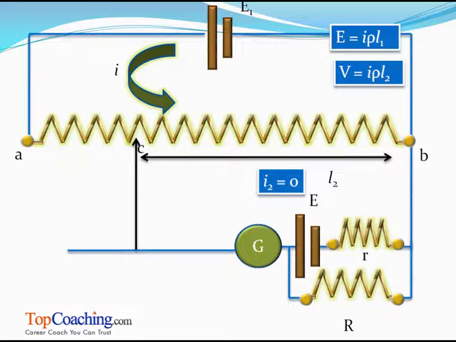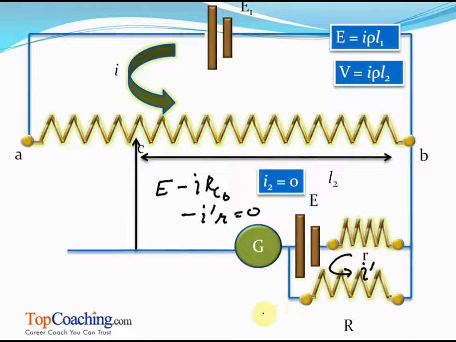You see, the thing is that in the earlier case we had applied Kirchhoff's law in the second loop and said that plus E minus I into RCB equal to 0, and then we had said that E is equal to I into rho into L1. That's what we had said. In this case, however, there is some current passing through the internal resistance, isn't it? You see, in this case, E minus I into RCB minus I dash into r is equal to 0. That is because there is a current I dash in this loop, isn't there?